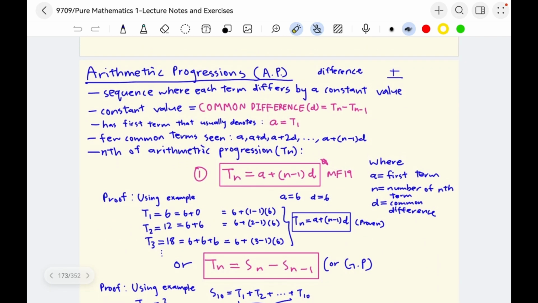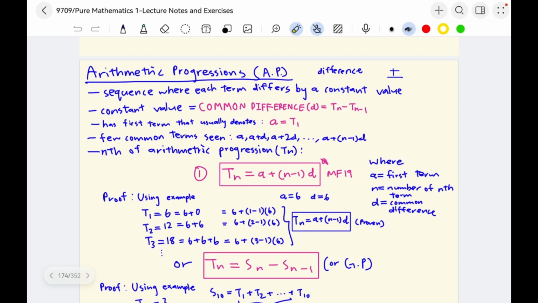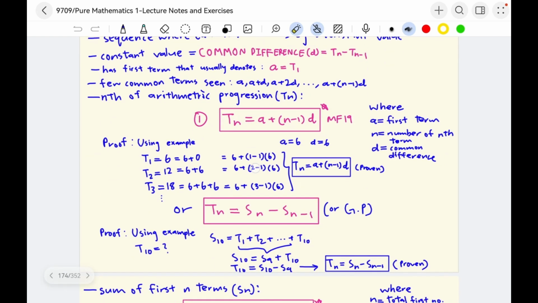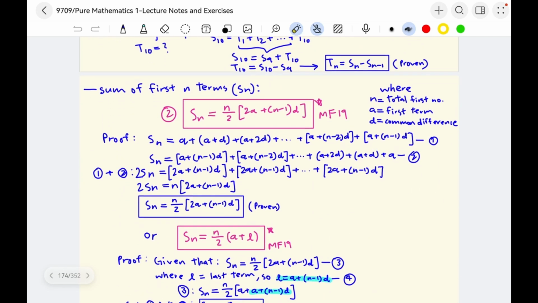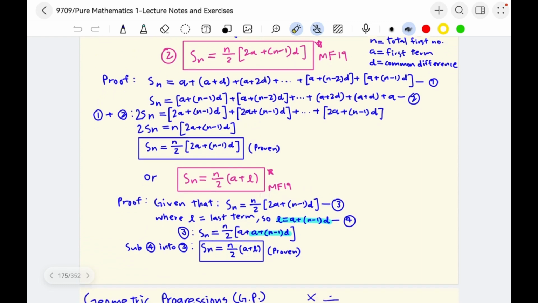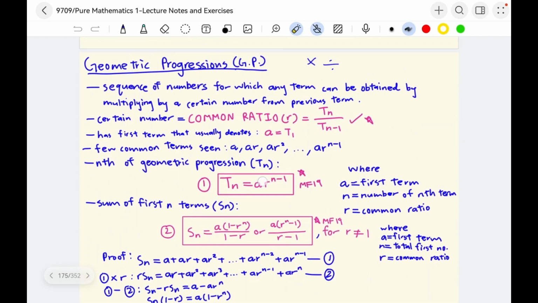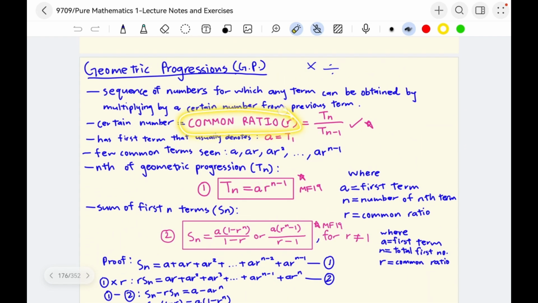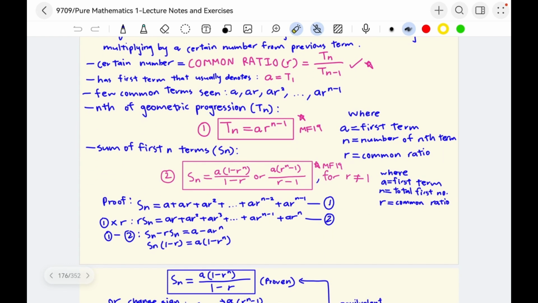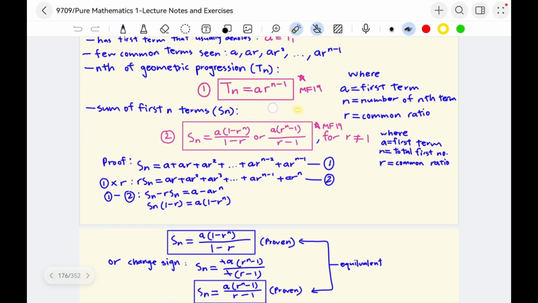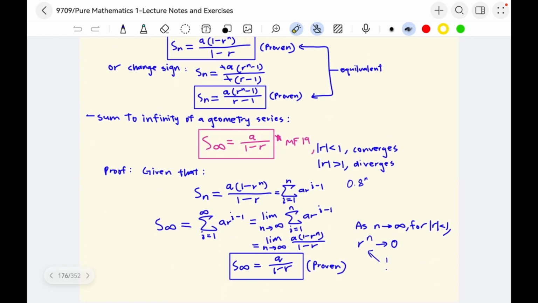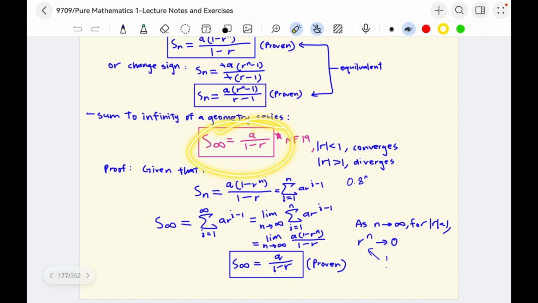Okay? Second, arithmetic progressions. a is T1, the common difference is Tn minus Tn minus 1. Then the nth term formula of the arithmetic progression, and the sum of the first n terms formula, as well as the geometric progressions, where the common ratio r is equal to Tn over Tn minus 1. The nth term formula of the geometric progression, the first n terms formula, as well as the formula for the sum to infinity. Okay?